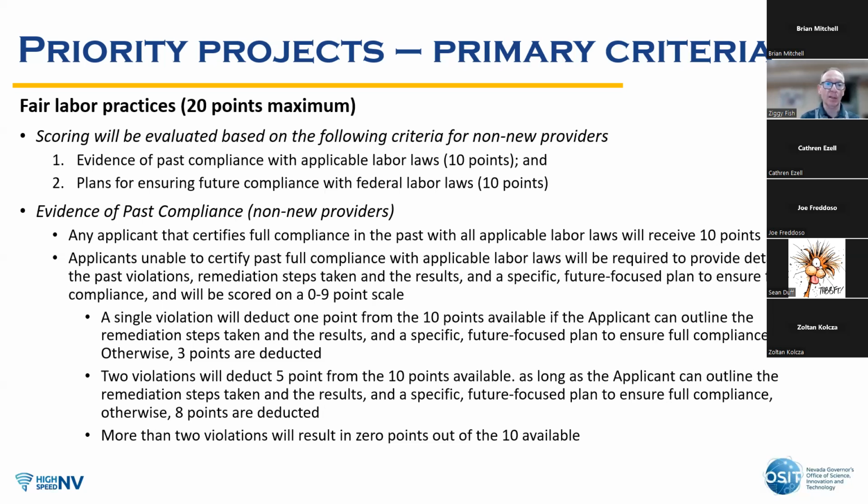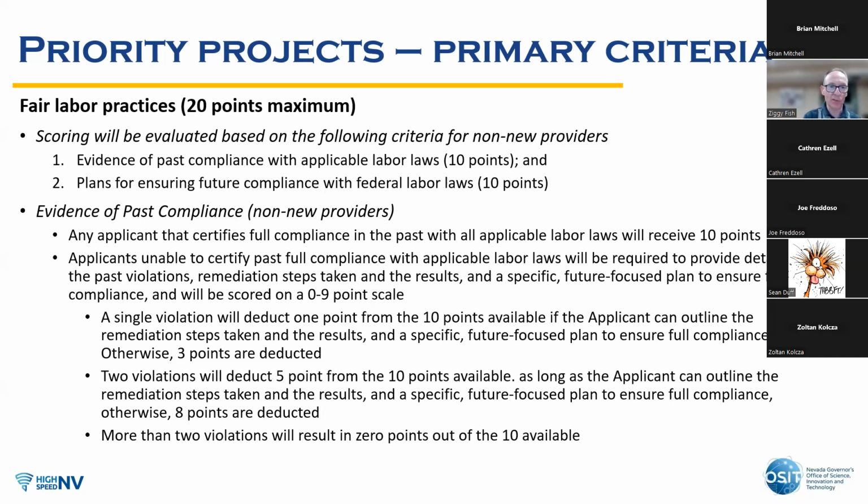Within the violation, there's a deduction based on the violation itself, and then a mitigation. So for example, if you have a single violation, 3 points will be deducted, but 2 of them can be regained if you can show a specific future-based plan to ensure full future compliance.